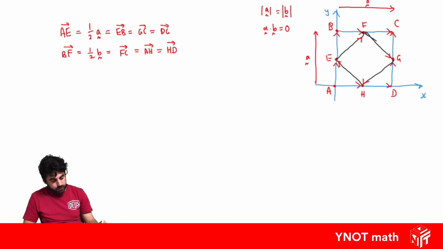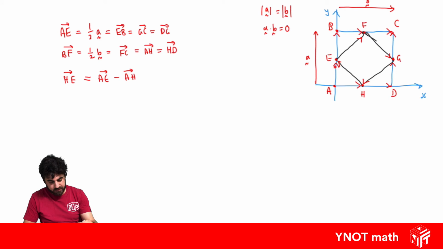Now we would like expressions for the vectors joining the midpoints of the original square. So we can say that the vector HE, this is our first vector down here, is actually just equal to the vector AE minus AH, using our simple vector subtraction rules.